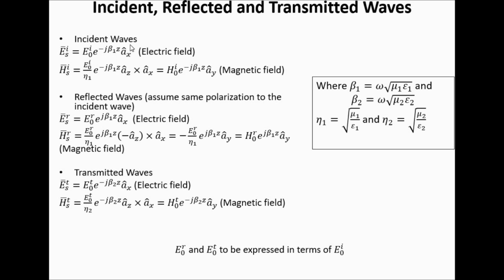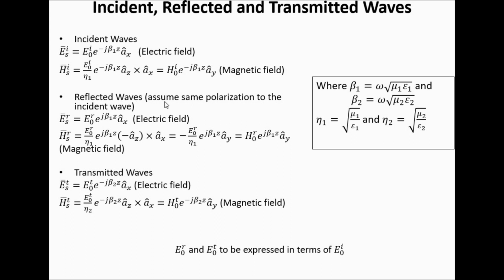So ax is the polarization direction, z is the propagation direction, and I is for incident wave. Similarly, for the magnetic field, we can find it using this equation and then replace E0I over eta 1 as H0I. This is the magnetic field.